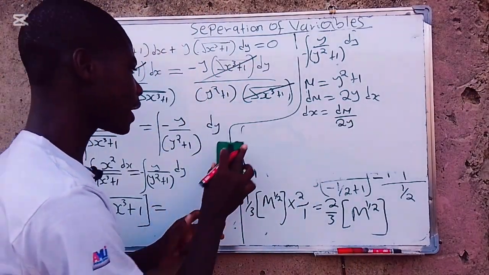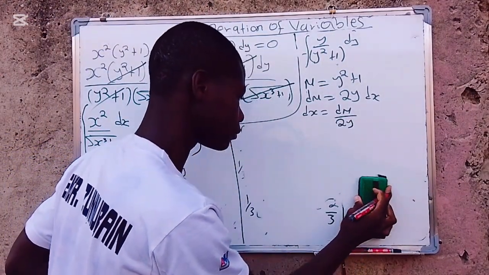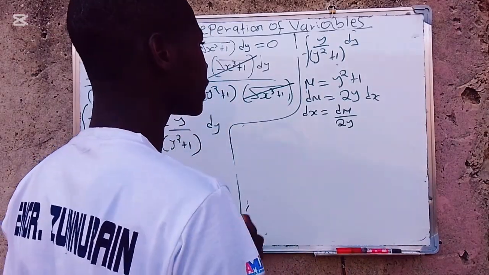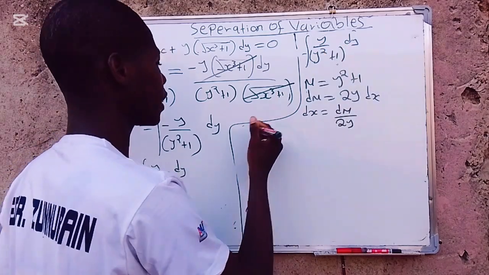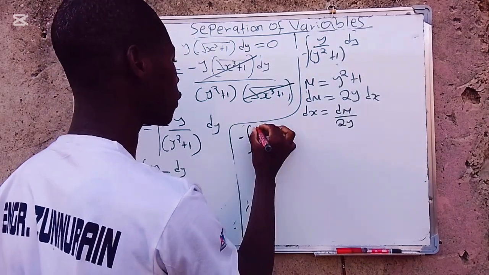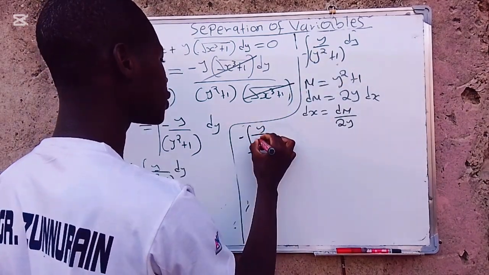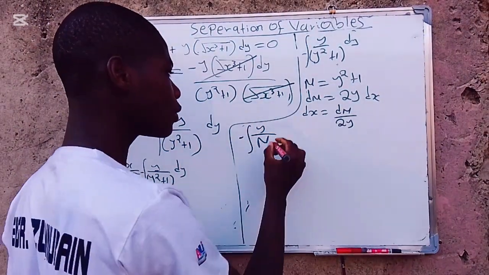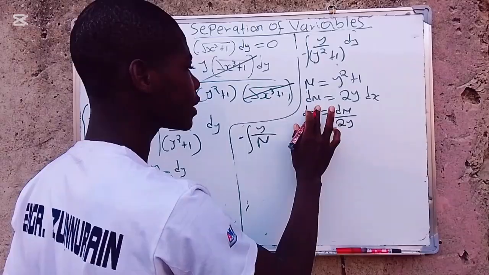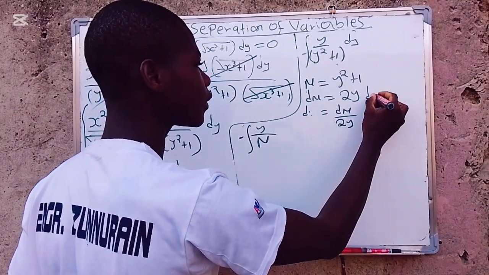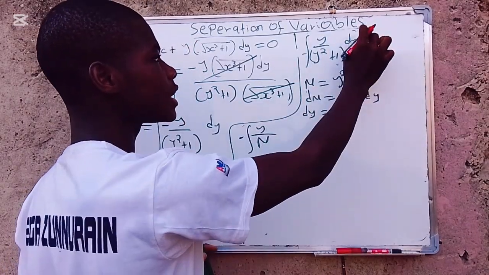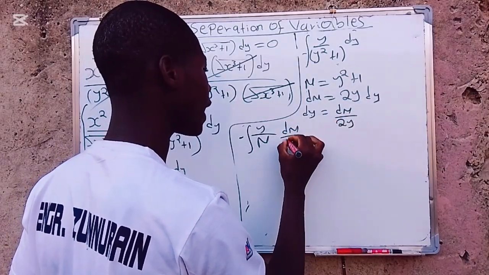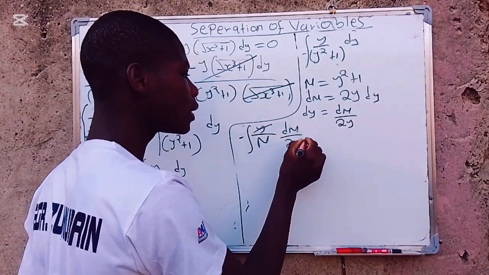So the next thing is that I have to say negative integral of y divided by n. Okay, sorry, this is not dx, I'm sorry for that. It is dy. So what is dy? dy should be dn by 2y. As you can see, y will cancel y.